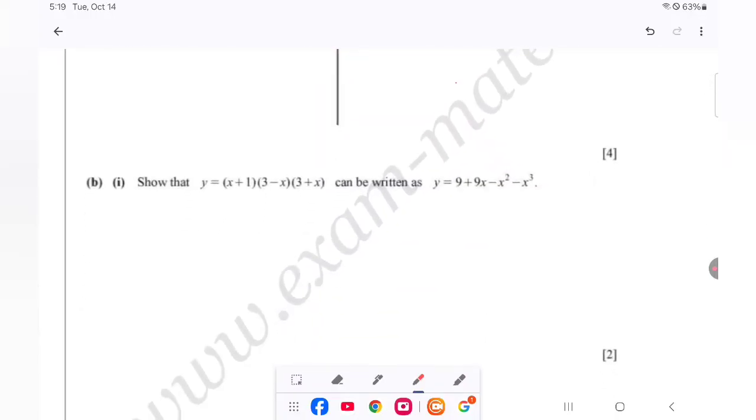Now in part B, show that y is equal to (x + 1)(3 - x)(3 + x) can be written as the given equation.